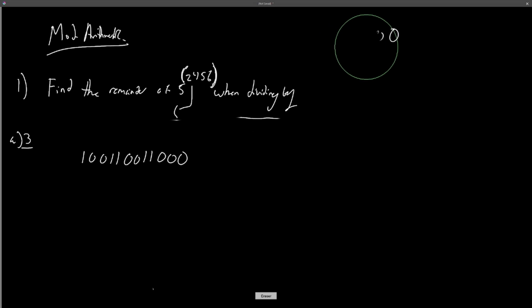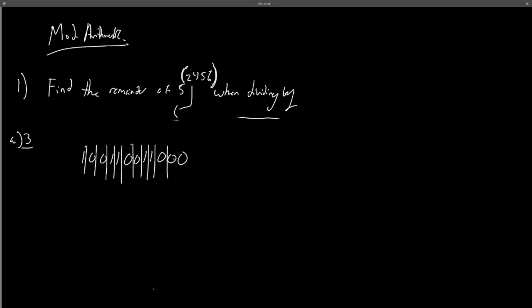Rewrite this somewhere that you can make a table out of, because we're going to need to organize the data that we're going to get to find the remainder. I apologize for the messiness. I'm not used to using a drawing tablet for writing.